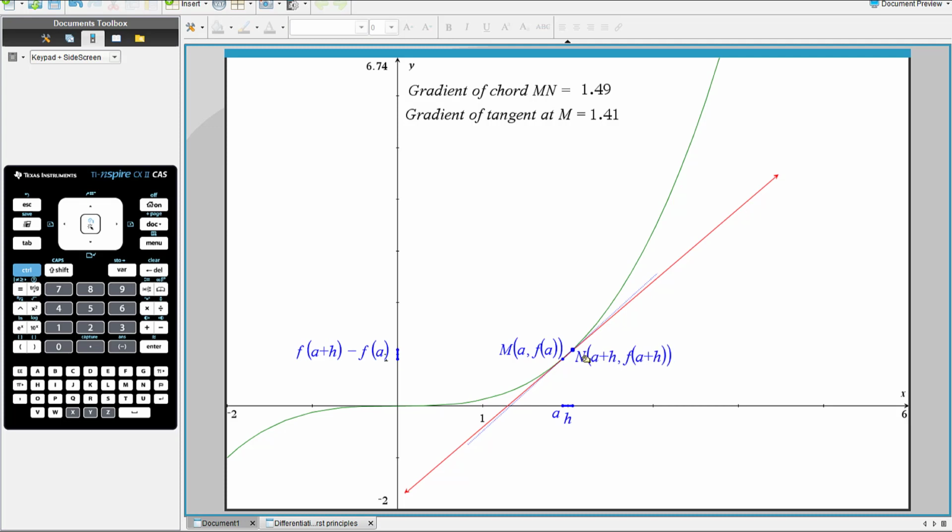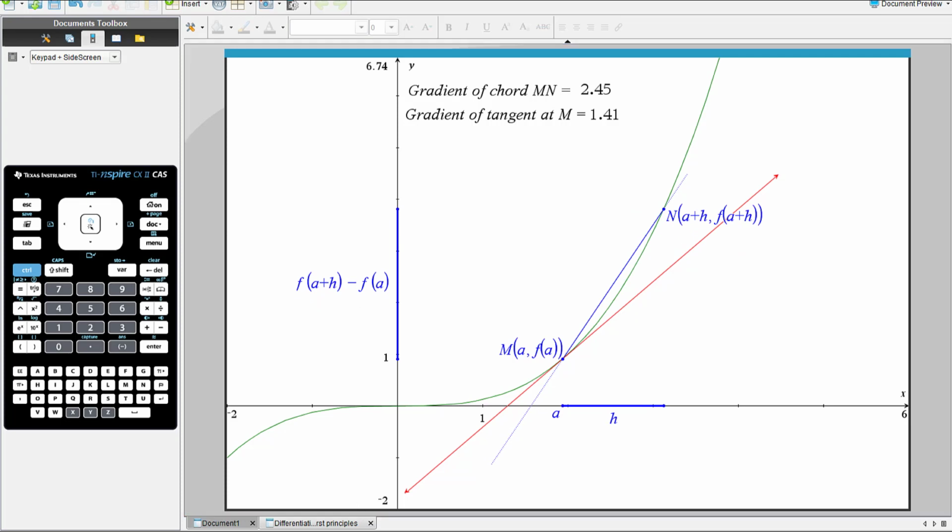So the gradient of the red line, the tangent, will be equal to the gradient of the blue line as we look at what happens as h approaches 0. We take the limit as h approaches 0 of the gradient of the blue line, and we get the gradient of the red line. That's the whole idea about the derivative.